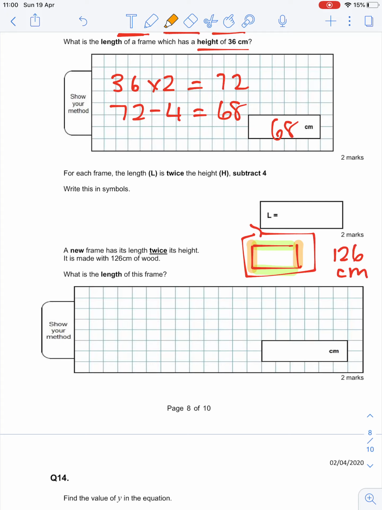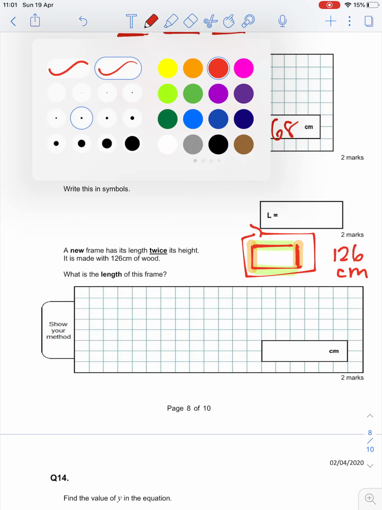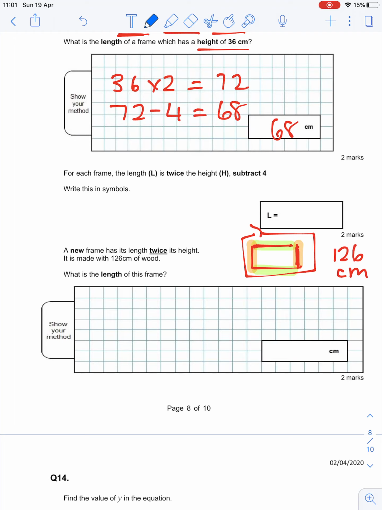Okay, so if I just wanted one length and one height, it would be half of that, wouldn't it? So it was 63 centimetres.